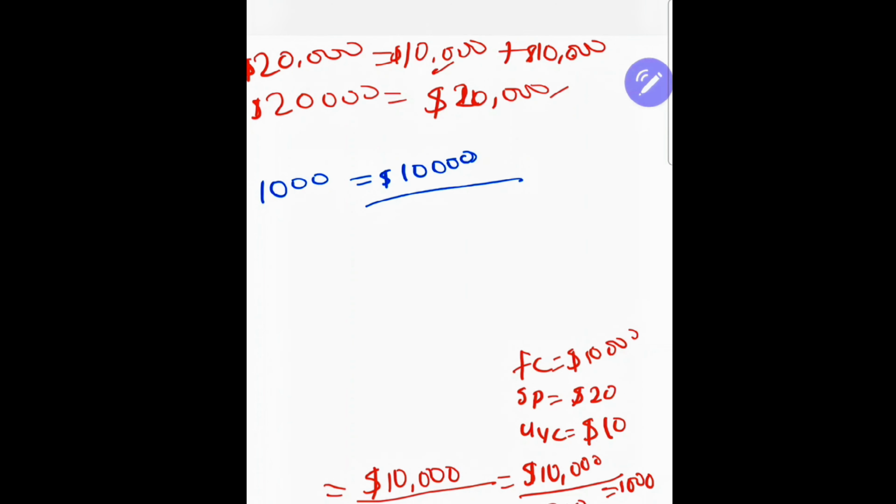But the only thing we want to do now is try and see how we can make profits. Let's assume our selling price has now increased to $30. And our variable cost is still the same, $10. So let's do this calculation.